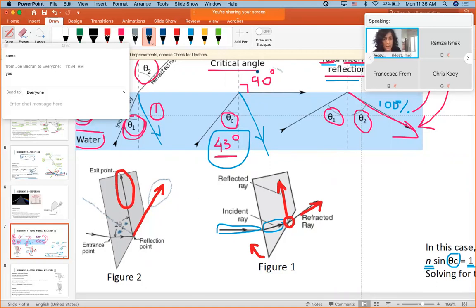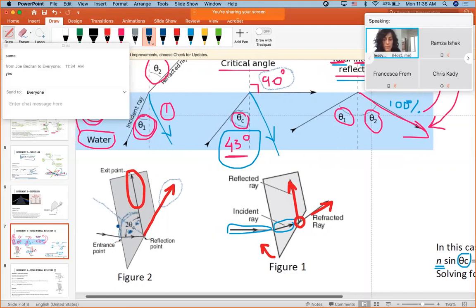So if I have a refracted ray at 90 degrees, theta 1 is equal to theta critical. This is theta 2 equal to theta 1 due to reflection. It means I have theta critical and theta critical, which means if you measure the whole thing with a protractor, that's 2 theta critical. Okay?